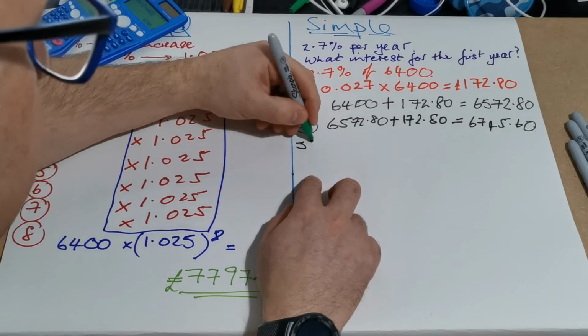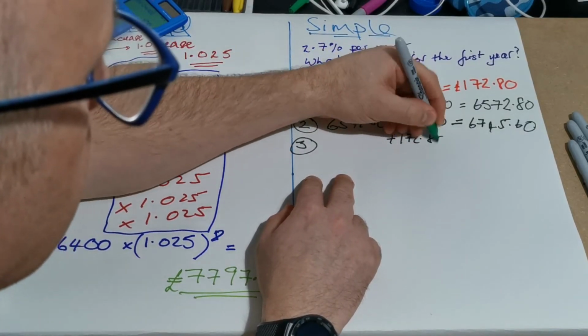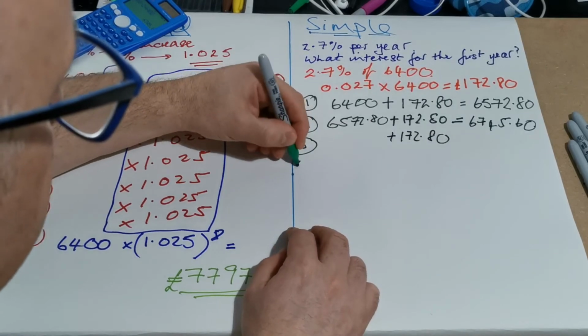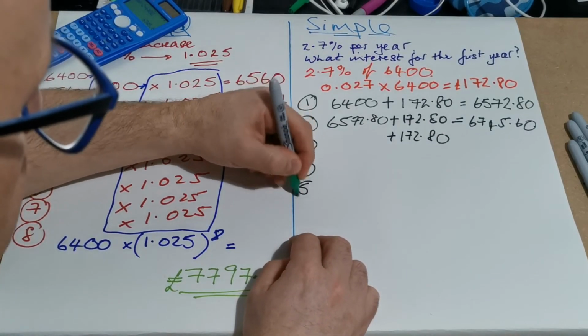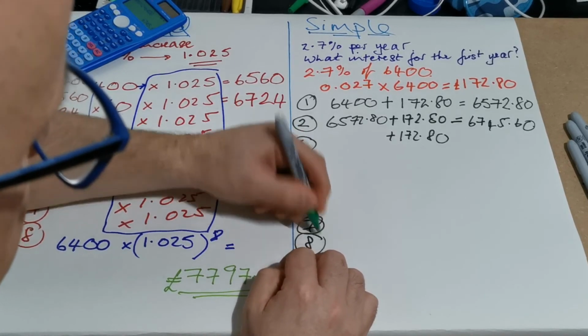Now, in the third year, I'm going to add on the £172.80, and I'm going to do the same thing in 4, 5, 6, 7, and 8.